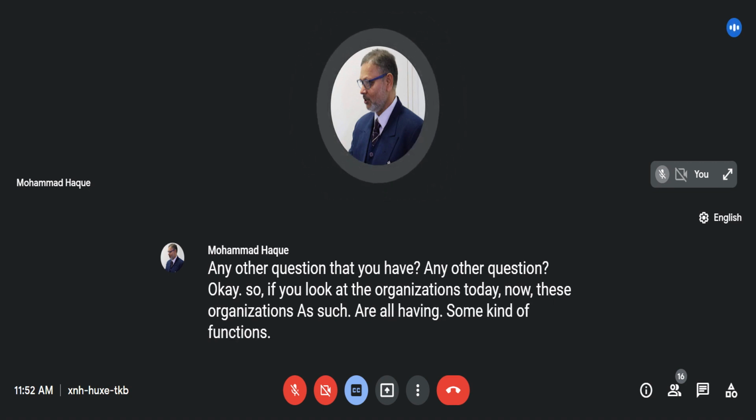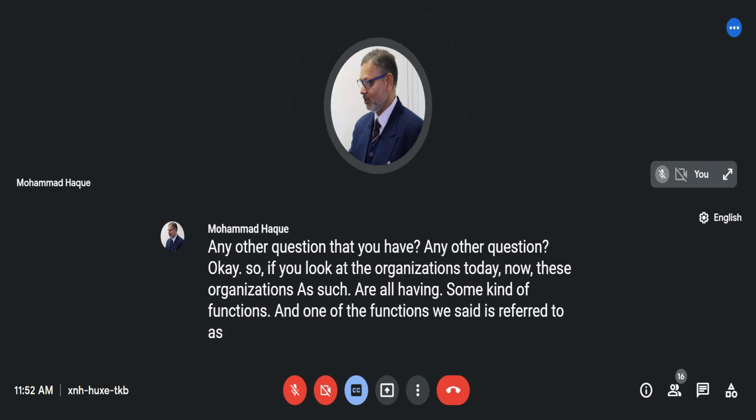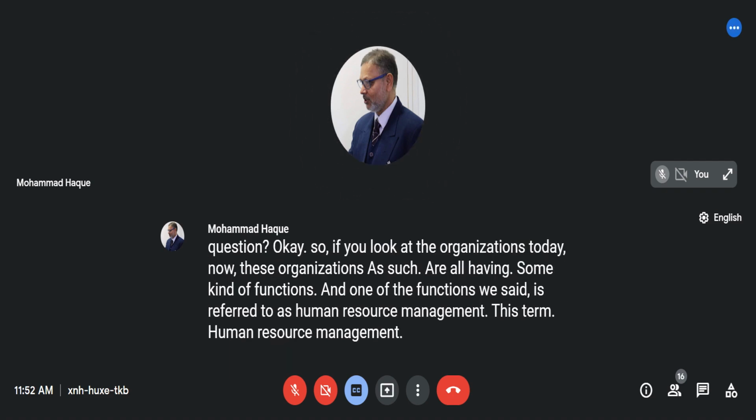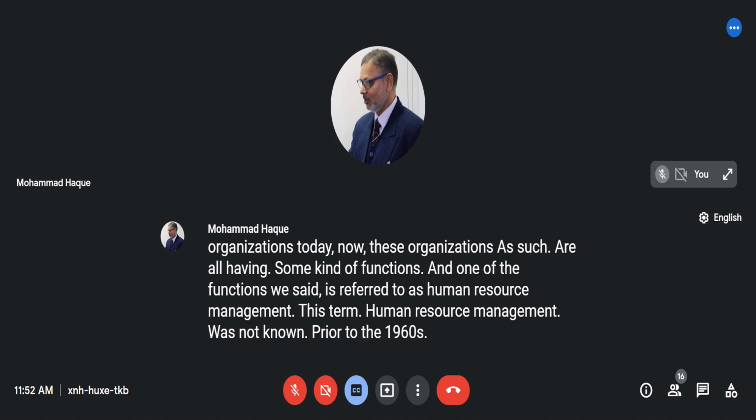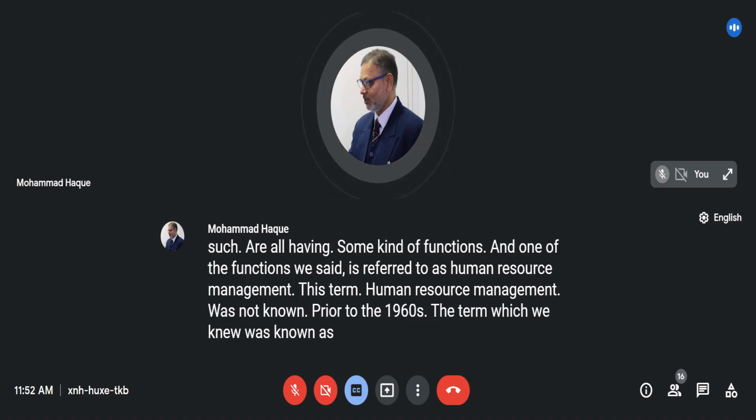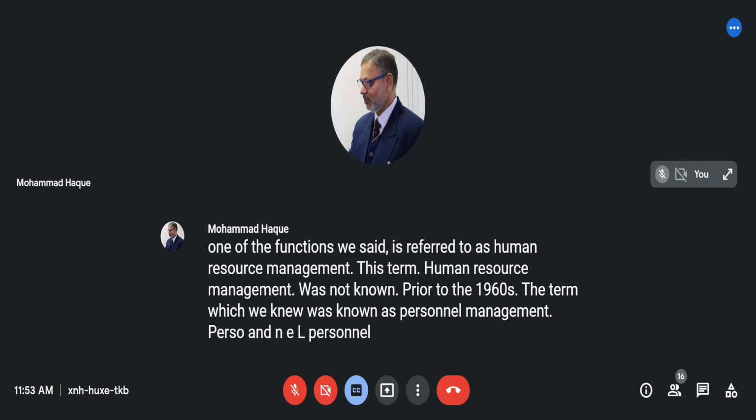And one of the functions we said is referred to as human resource management. This term, human resource management, was not known prior to the 1960s. The term which we knew was personnel management.